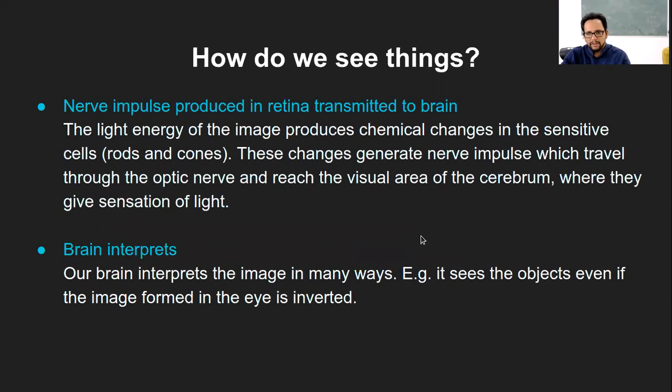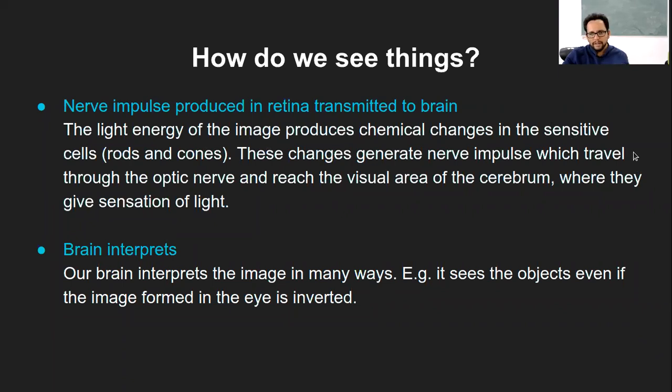Now, the third step is the most important one. Every photon, or every part of the sunlight, or rather the light energy, has a certain amount of energy. That will be taken by the pigments called rhodopsin and iodopsin.